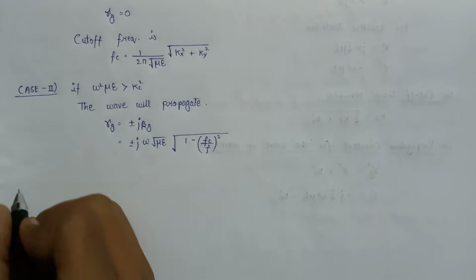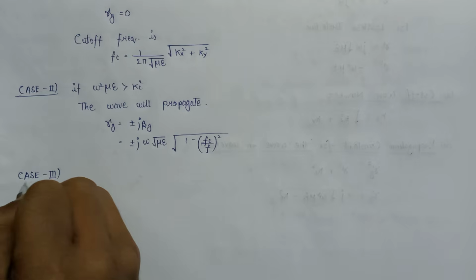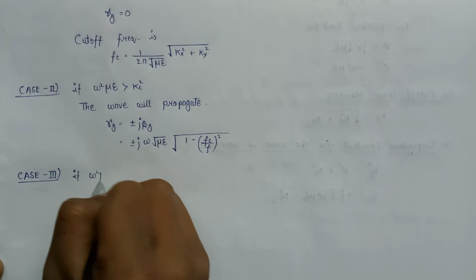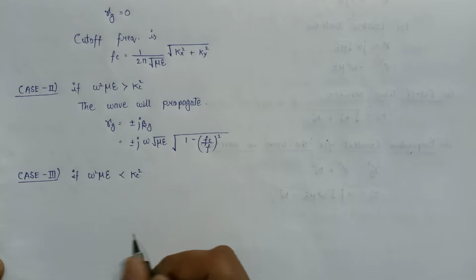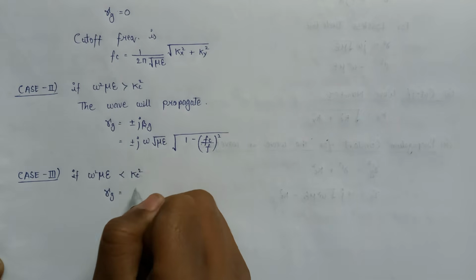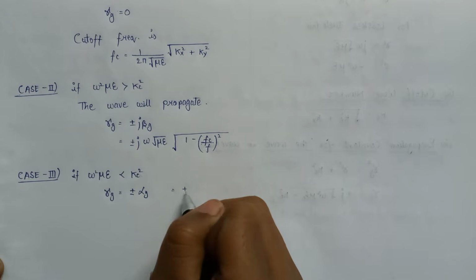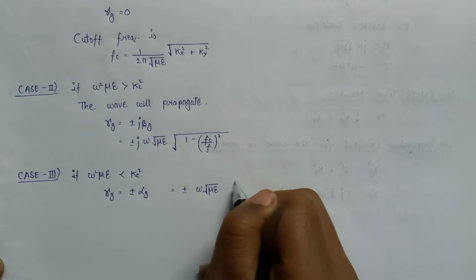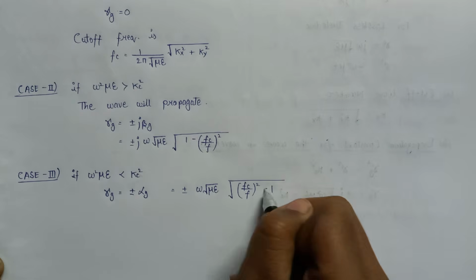Let us discuss the last case, that is case number 3. According to case number 3, if the value of omega square mu epsilon is less than kc square, then the value of gamma g will be equal to the attenuation constant, that is alpha g, and the value of alpha g is equal to omega under the root mu epsilon under the root fc over f whole square minus 1.